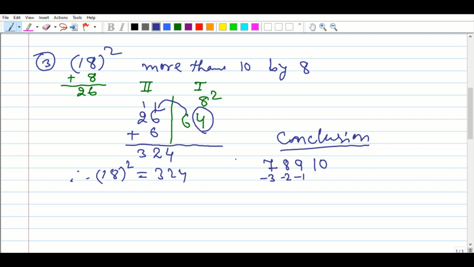When we are finding the square, for 9 we write here 8. For 8 we write here 6. For 7 we write here 4. Isn't it? That means if we have a number less than 10, we subtract.